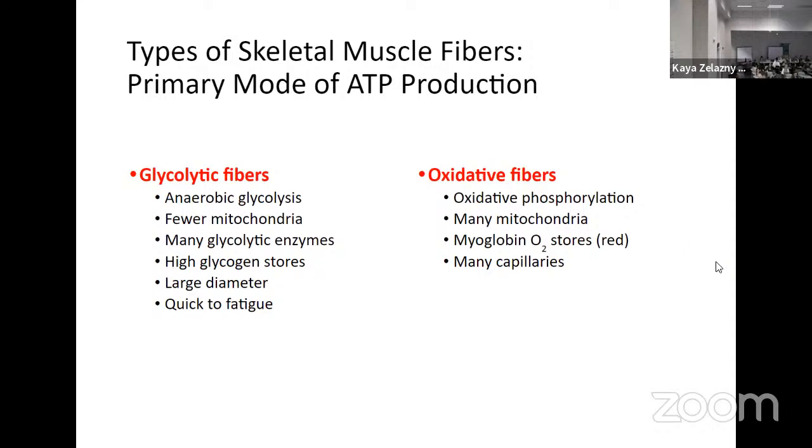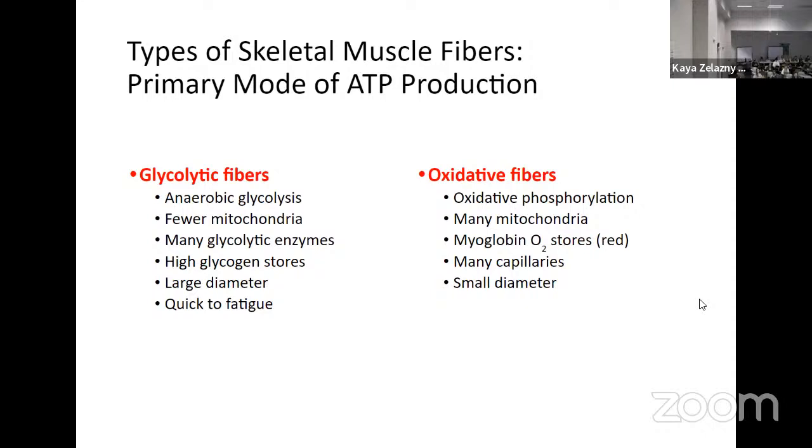When we talk about all our different parts of the vasculature, probably in January in A&P 2, we'll talk about blood vessels and how we have exchange across those capillary walls. But for now, we're thinking about it as more blood flow to a muscle fiber means more oxygen, means we have oxygen for oxidative phosphorylation.